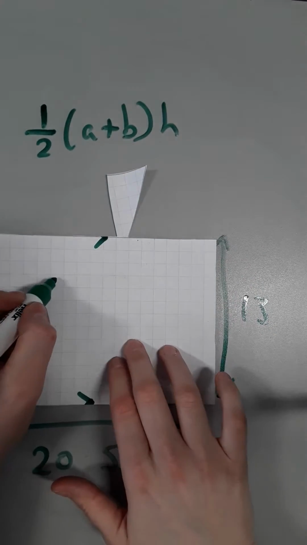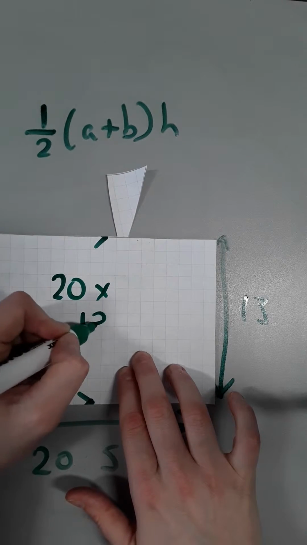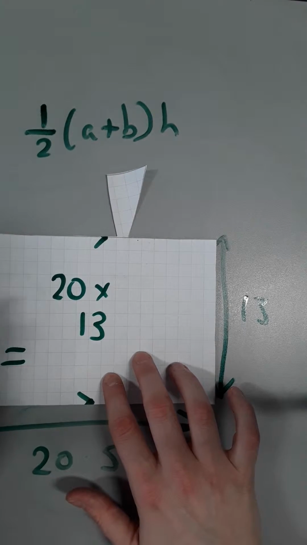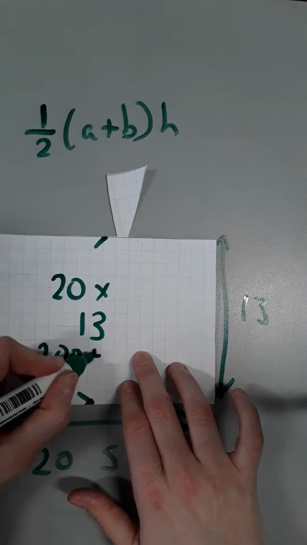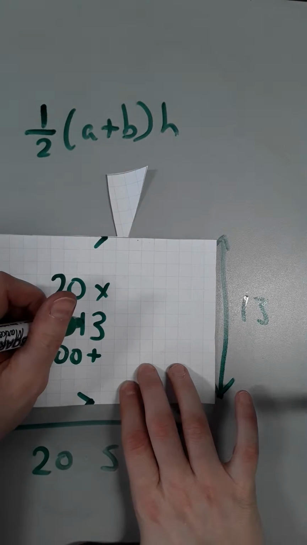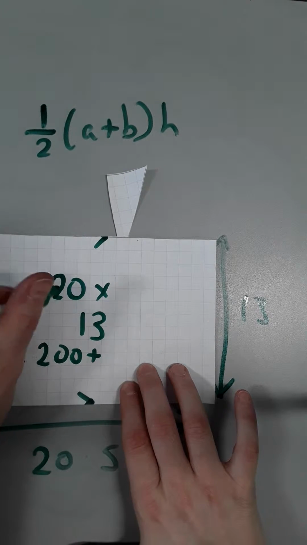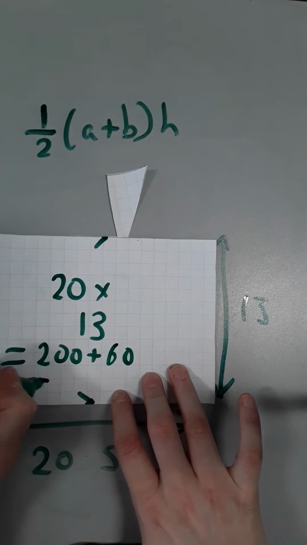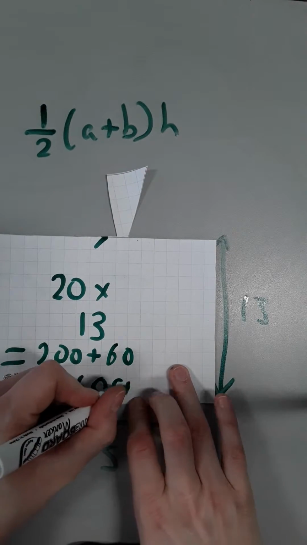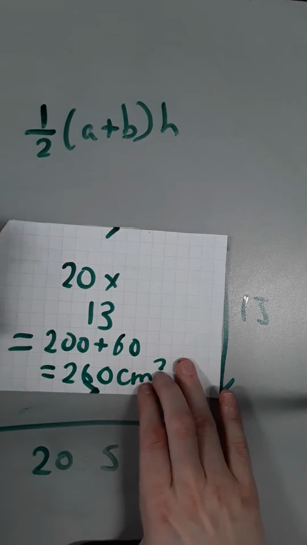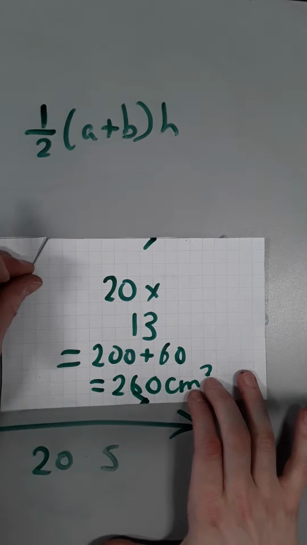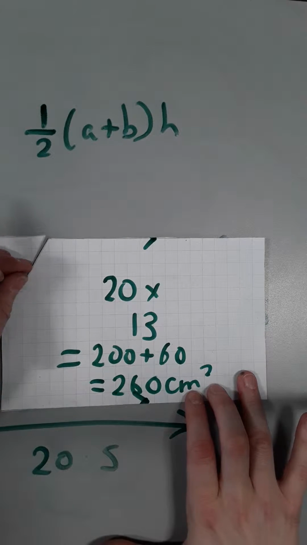So I'd now do 20 times 13, which will be 200 plus, so I've done 20 times 10, which is 200, and 20 times 3, which is 60, so I get 260 centimetres squared. So my total rectangle would be 260 metres squared.